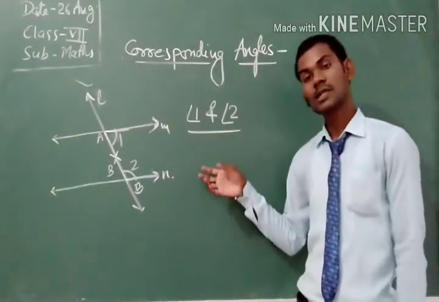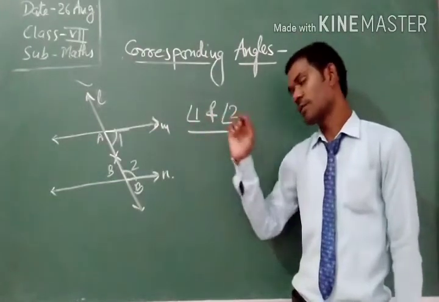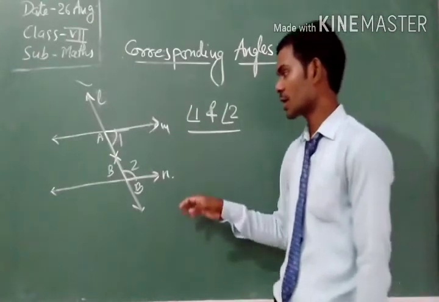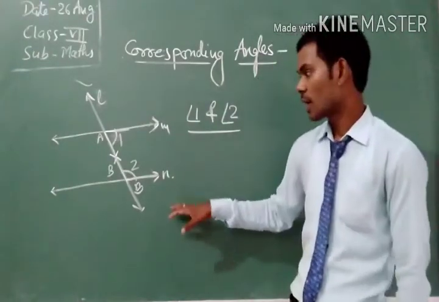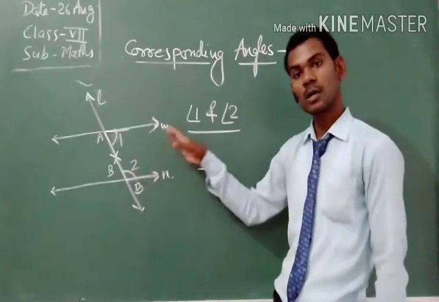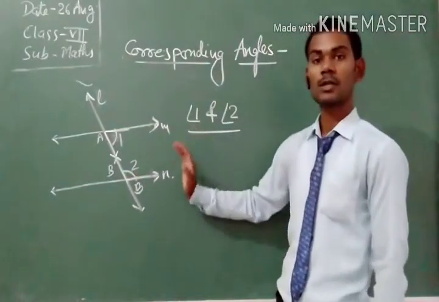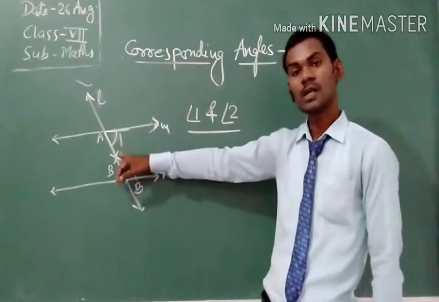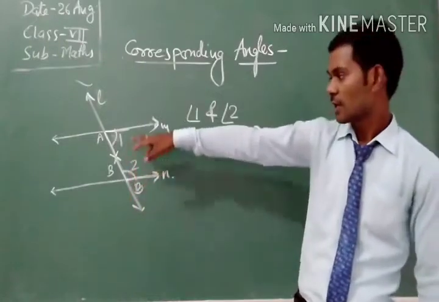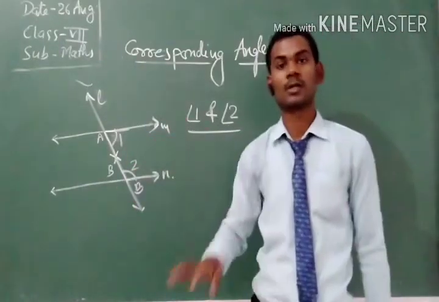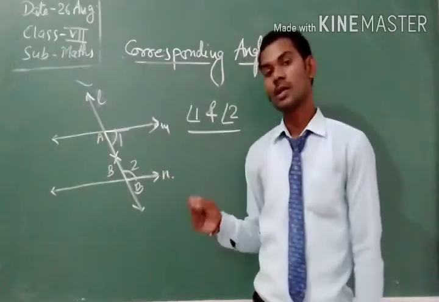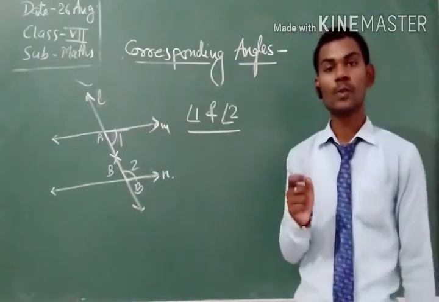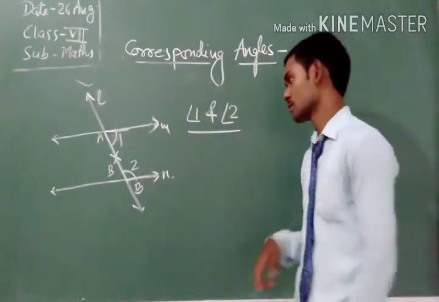So when somebody asks why angle 1 and 2 in the given figure are corresponding, our reply will be: in angle 1 and angle 2, one arm of each angle is on the same side and the other arm is formed by the transversal, pointed in the opposite direction. That is why angle 1 and 2 are corresponding angles. This is the exact assertion for angle 1 and 2 to be corresponding angles.